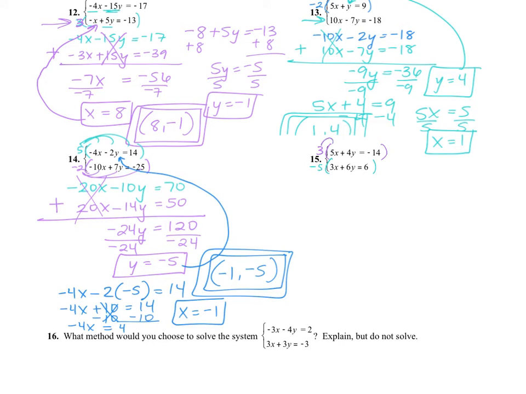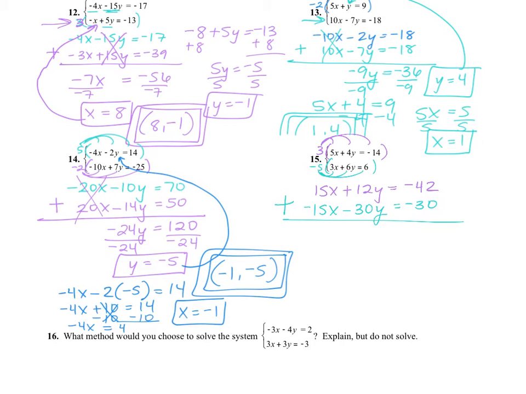So for that top one, we get 15x plus 12y equals a negative 14 times 3, which is negative 42. Then on the bottom, we get negative 15x minus 30y equals negative 30.